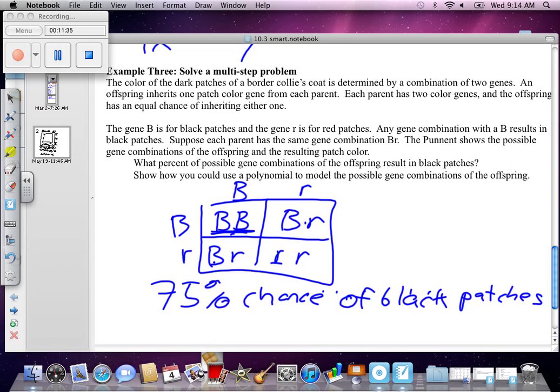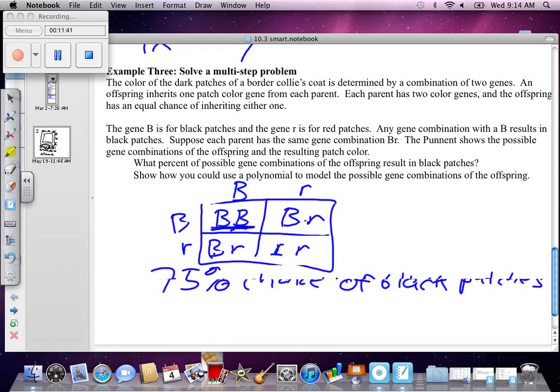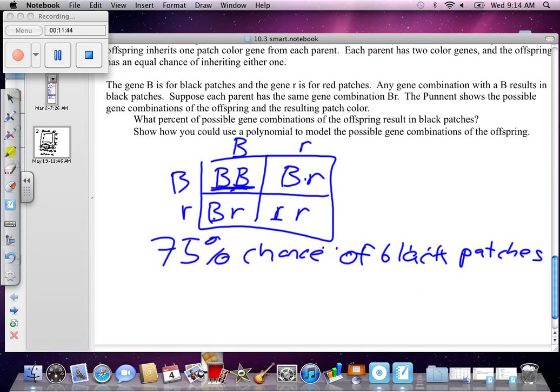Okay, we're going to try to figure out how this is going to look like polynomials. So what we've got is B plus R squared. Right?